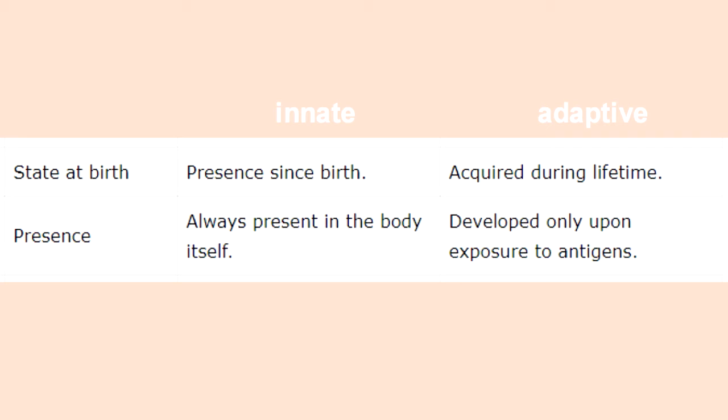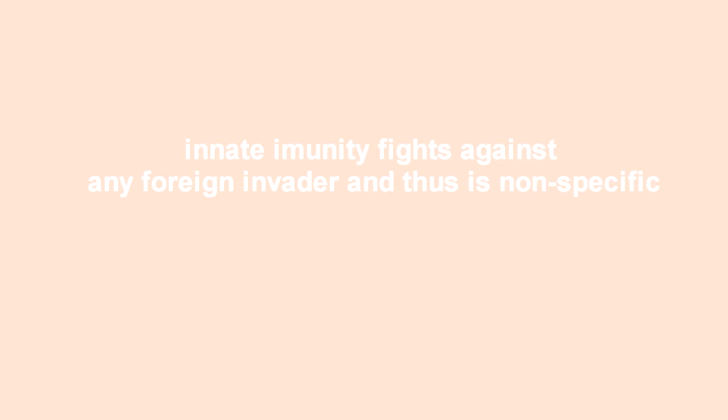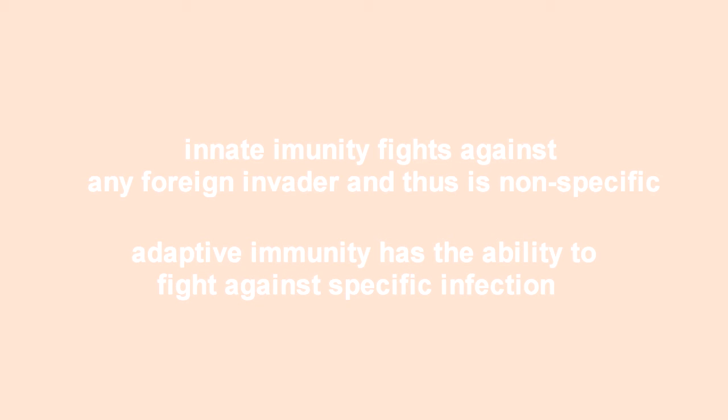And also because of this, innate immunity is always present in the body itself, meanwhile adaptive immunity develops only upon exposure to antigens. Innate immunity fights against any foreign invader and thus is non-specific, just like I said before. Meanwhile, adaptive immunity has the ability to fight against specific infection.